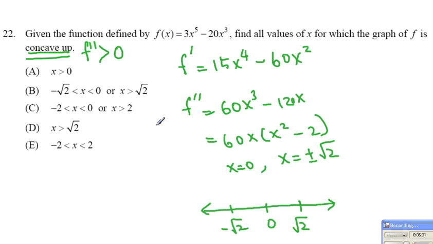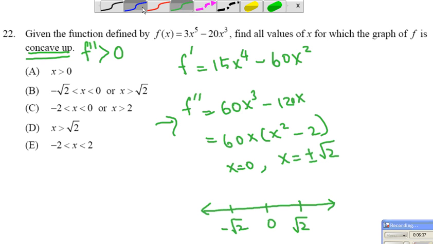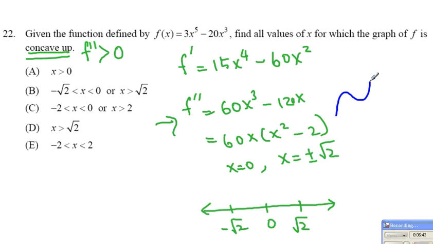When you look at the second derivative function, because it's a cubic, if you were to graph it, it would have been something like this. A cubic with a positive leading coefficient would look something like this, right side up.